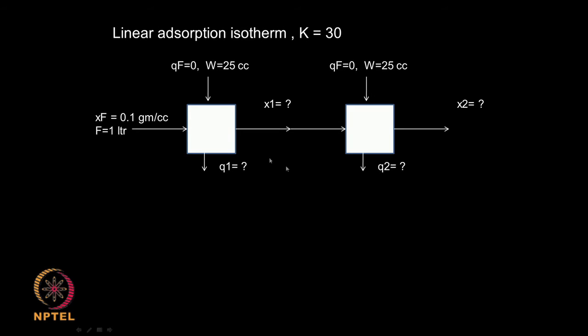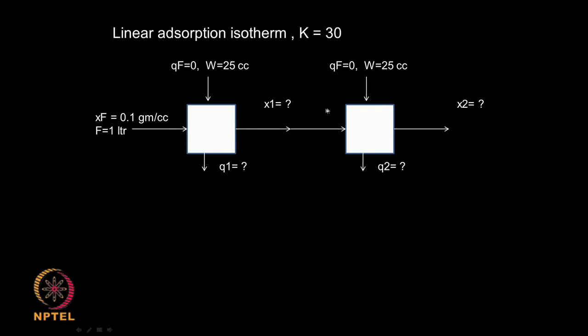Now, I can have two stages of adsorption, just like two stages of extraction. Each time I am adding some amount of adsorbent and it is fresh adsorbent, that is why I put QF equal to 0, you can see this, right. My feed is coming in at 1 liter and the concentration of the solute is 0.1 grams per cc. Some solute gets adsorbed.